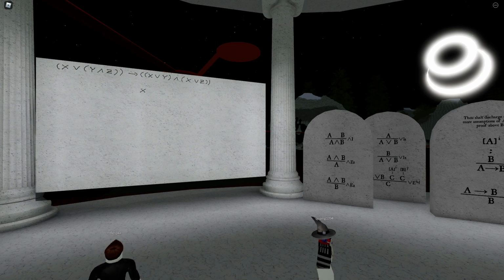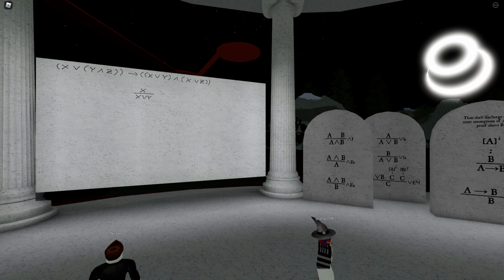So I'm going to start with x, and the idea is that every time you make a deduction, you have a premise above the line and the conclusion that follows below. And so from x, I'm going to draw a line and write x or y below.